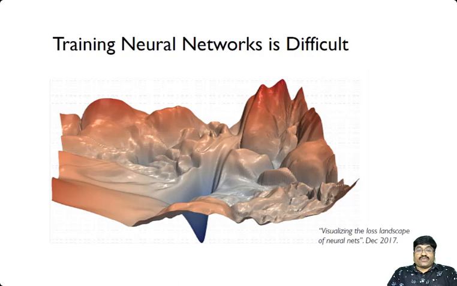Here is an illustration from a paper that came out about 2 or 3 years ago now, where the authors try to visualize the landscape of a neural network with millions of parameters, but they collapse that down to just two-dimensional space so that we can visualize it. And you can see that the landscape is incredibly complex. It's not easy. There are many local minima where the gradient descent algorithm could get stuck, and applying gradient descent in practice in these types of environments, which is very standard in neural networks, can be a huge challenge.